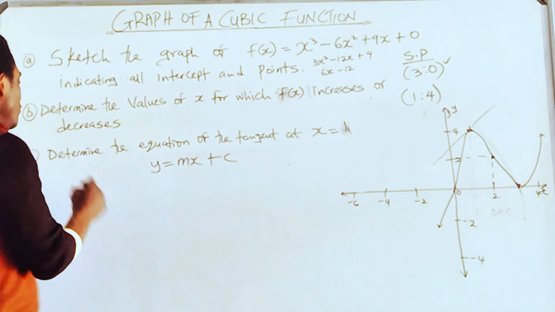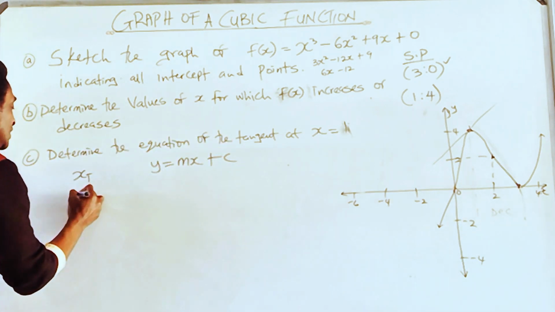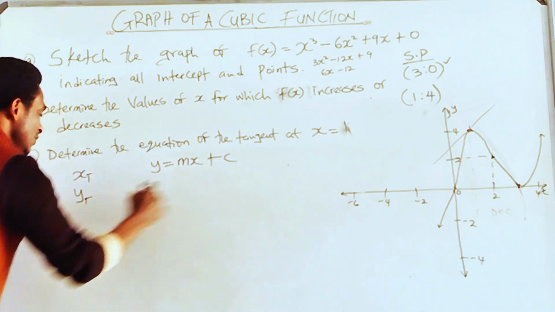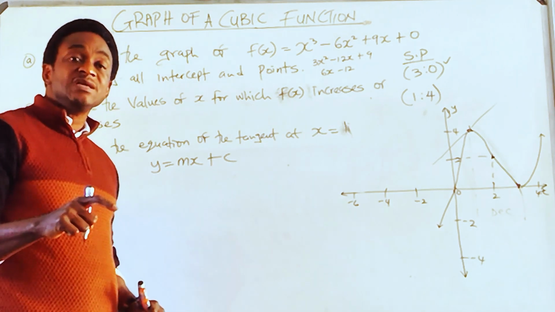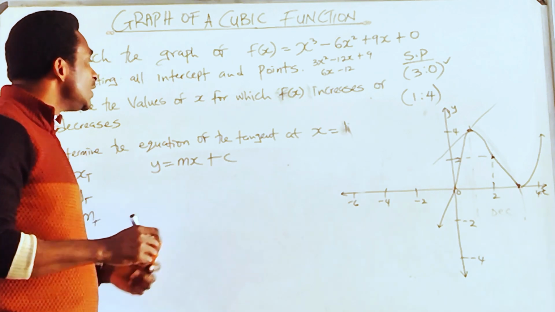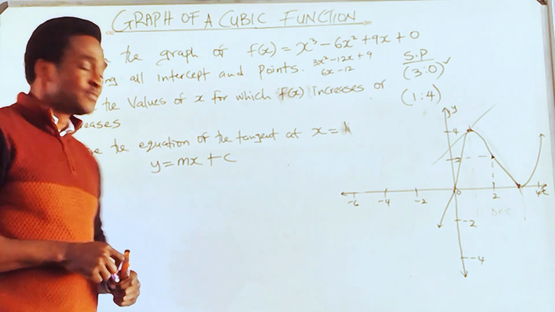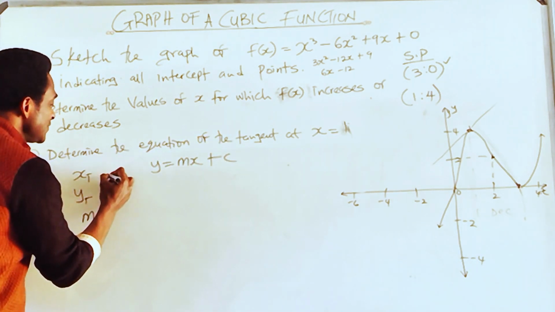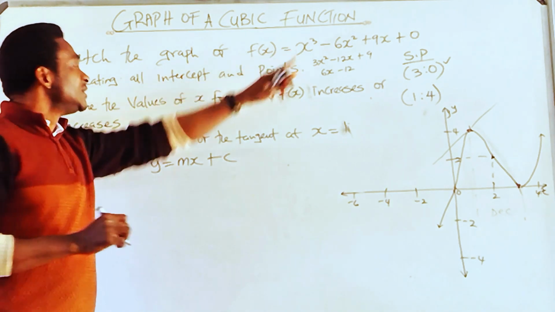What do we need? We need the value of x at that tangent point. We also need the value of y at that tangent. And then, based on the equation, we also need the gradient at that tangent. Also remember that the first derivative of any function is equivalent to the gradient of that equation at that point. So, how do we go? We've been given x equals 1, so that is our x of t. Sub this into the original equation.